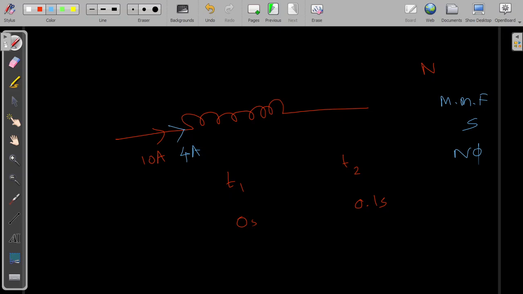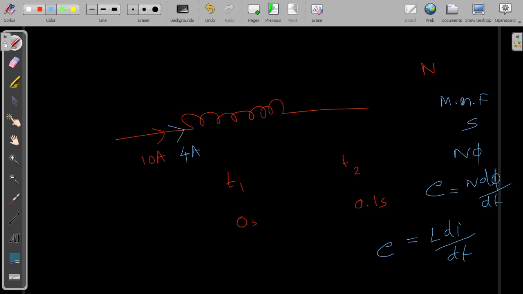So according to Faraday's law of electromagnetic induction, the induced EMF is given by N d phi by dt, and we have proved that E is equal to L di by dt, where L is the self-inductance of the coil.